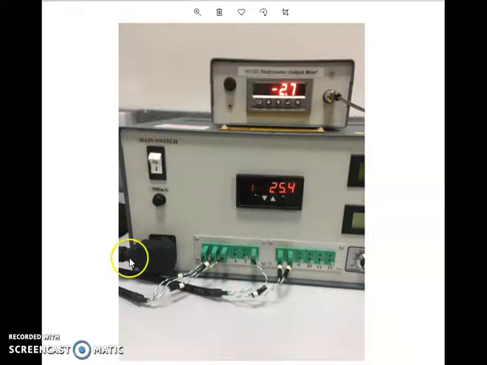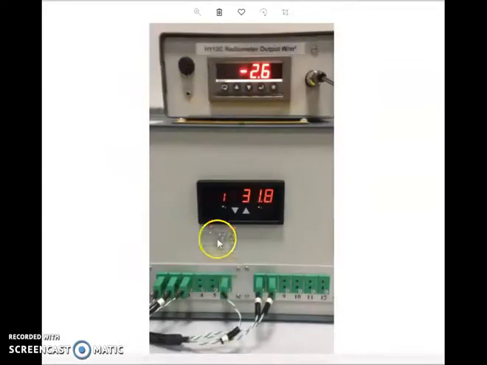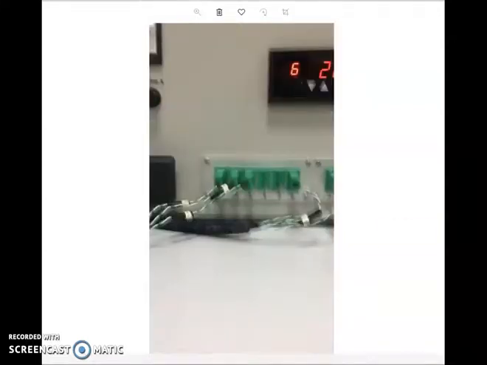This is the setup of the equipment. From here you can get the value of the volts, and from here the value of the amps. This is trial one, temperature one. We have to wait until it increases to 60, then you can slowly take the readings.